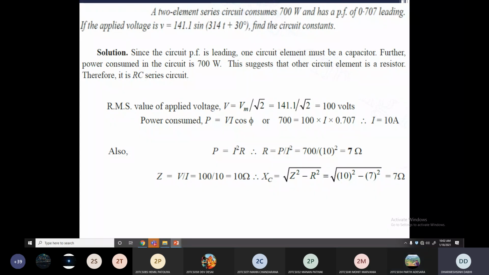Okay, what is the value of C, the capacitance? Xc is 7 ohm.